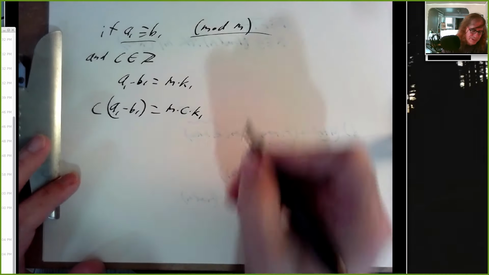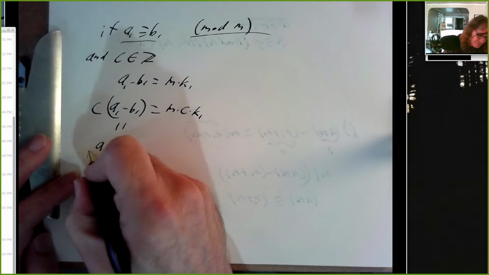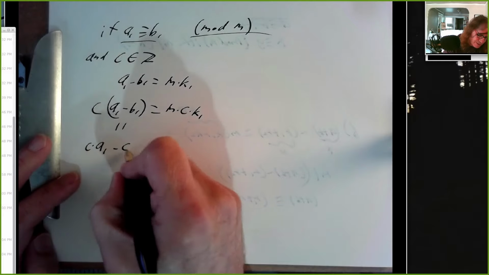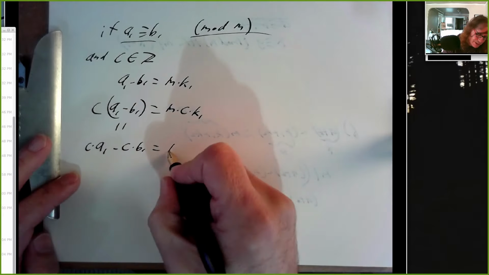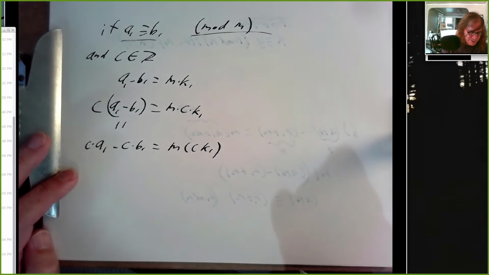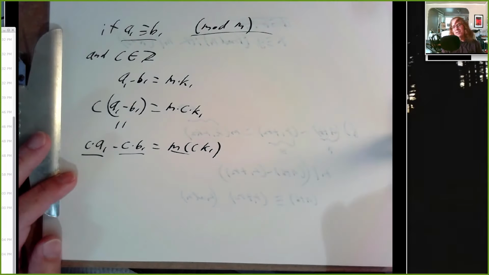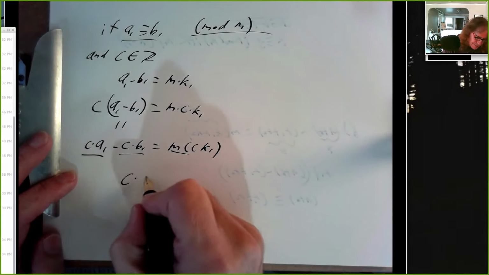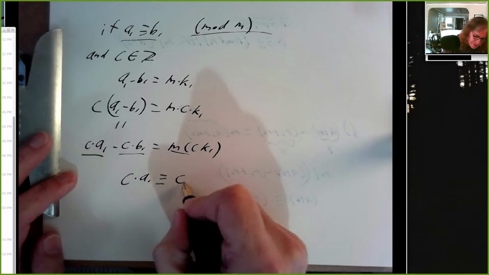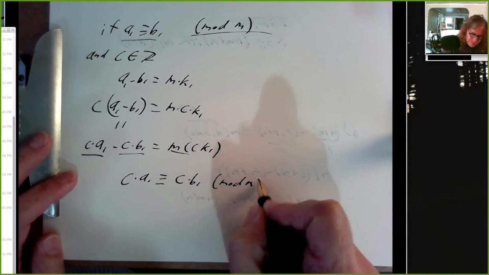Right, I'm just multiplying both sides by C. And this is equal to C times A1 minus C times B1. And this is equal to M times a different integer, C times K1. Well, here I have two things whose difference is a multiple of M. And so C times A1 must be congruent to C times B1 modulo M.